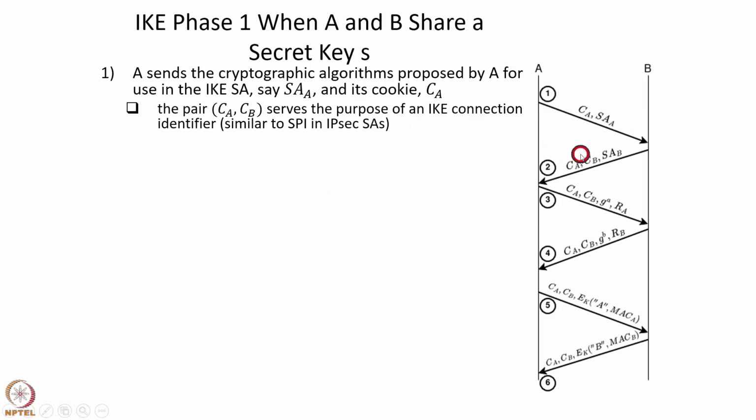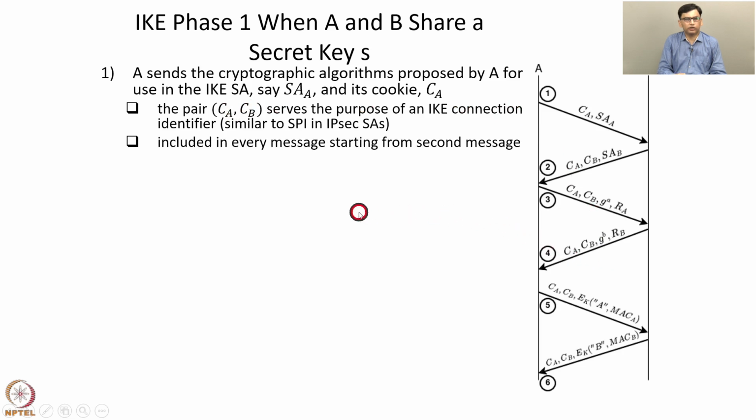Now recall that a cookie is also going to be sent by the responder B. That cookie is CB. So this pair CA, CB serves the purpose of an IKEY connection identifier. It is similar to the security parameter index in IPsec security associations. This pair CA, CB is included in every subsequent message, starting from the second message. We can see here that CA, CB is there in each of these 5 messages.